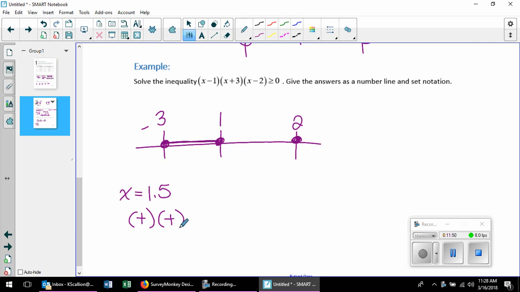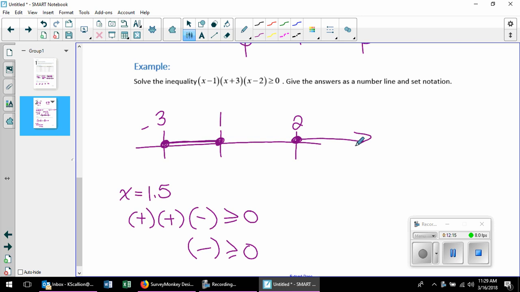If I substitute a 1.5 in here, negative, and that has to be greater than or equal to 0. Positive, positive, negative. What's that going to give me? Negative. Is a negative number greater than 0? Is it equal to 0? So I know that this is not a true statement in here, so my line would extend it here.